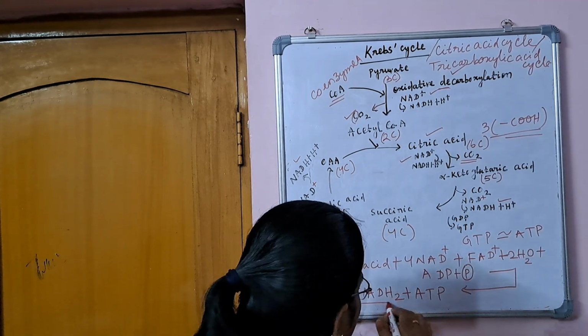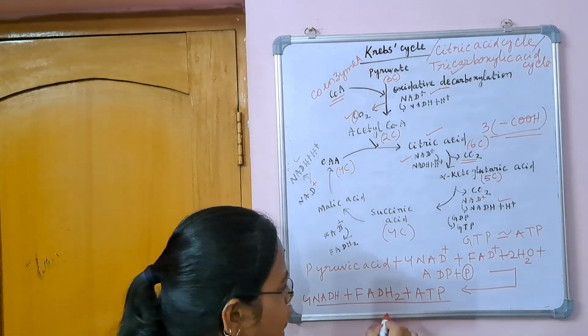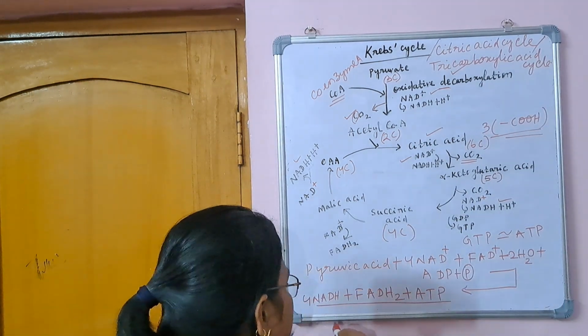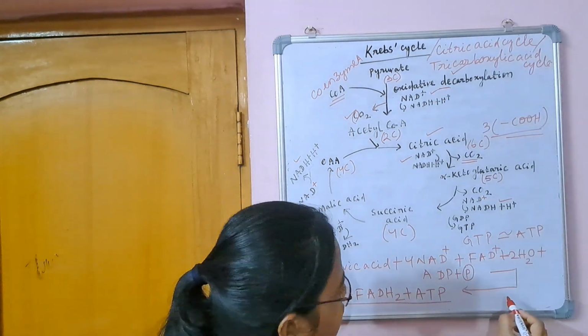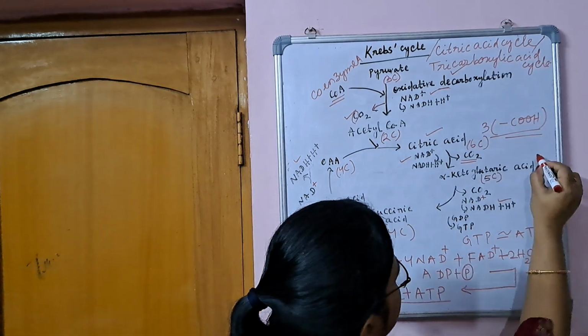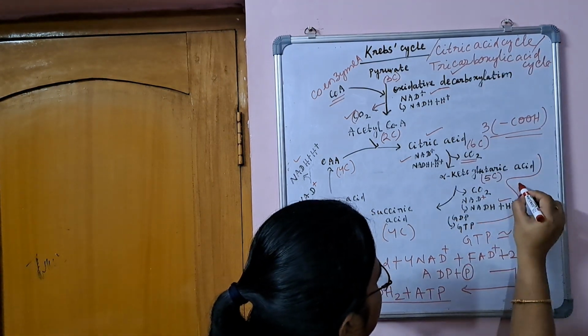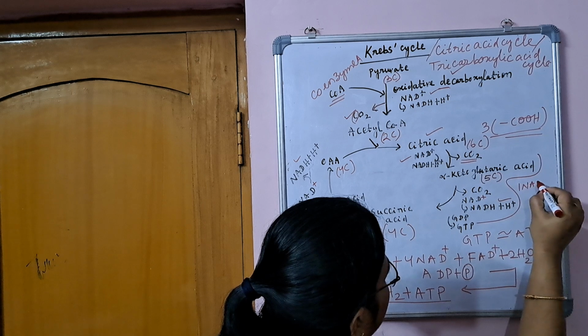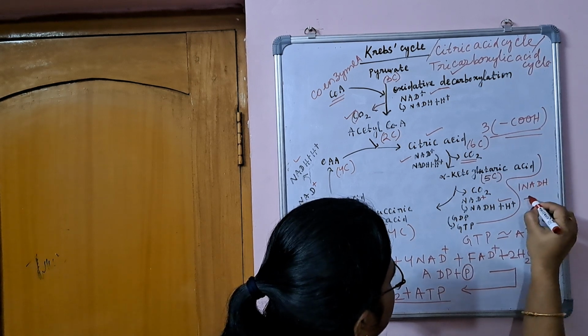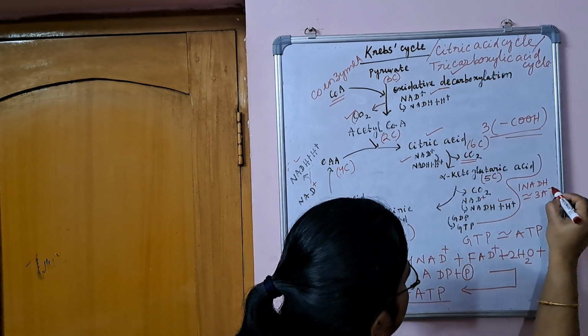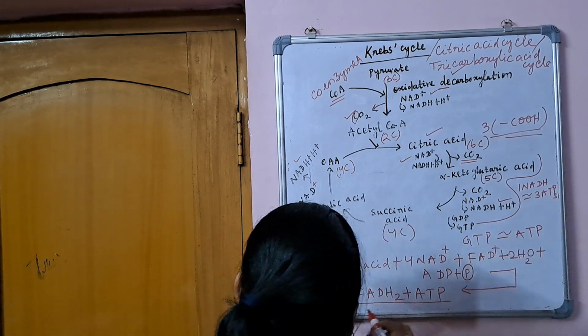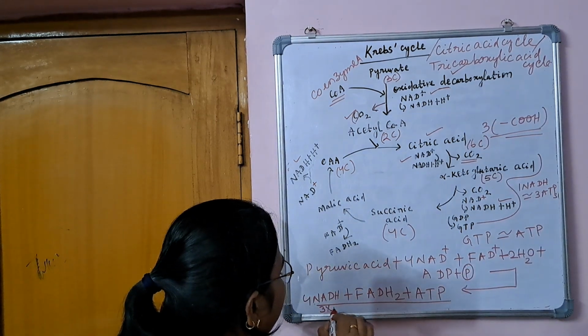Now you see here, let us calculate how many ATPs are produced. 1 NADH is equivalent to 3 ATPs. So here it will be 3 into 4 ATPs.